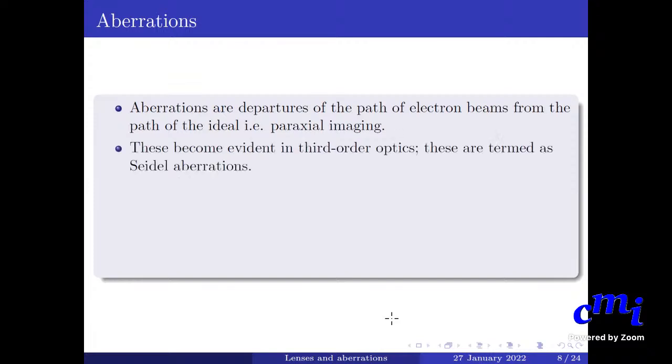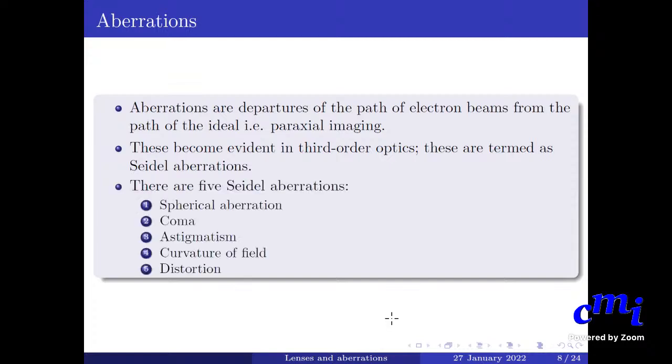And there are various kinds of aberrations. In first order optics, these aberrations are not distinguished. If you just use the first order approximation, it does not differentiate between these aberrations, but third order approximations differentiate.